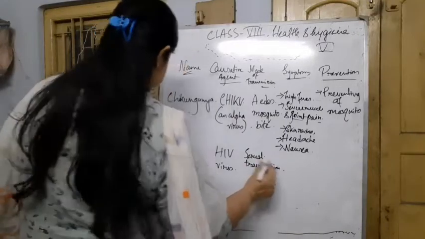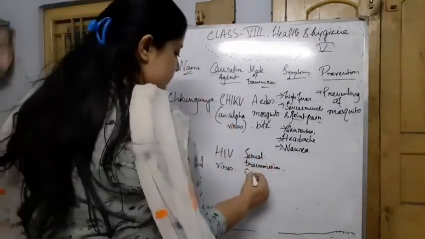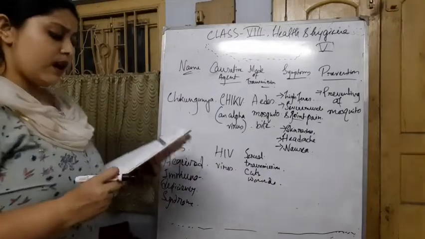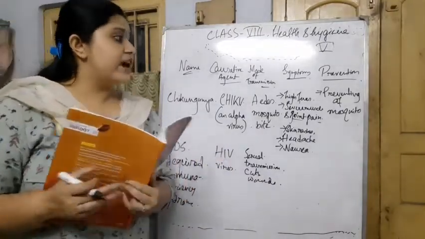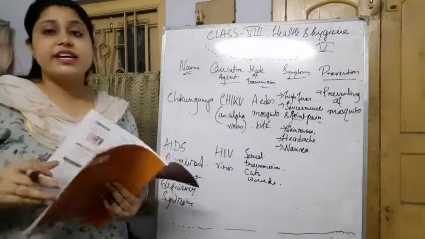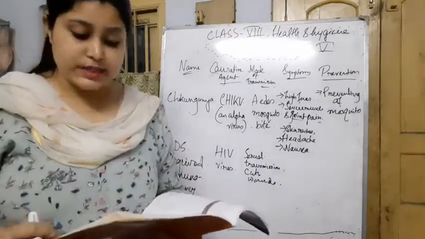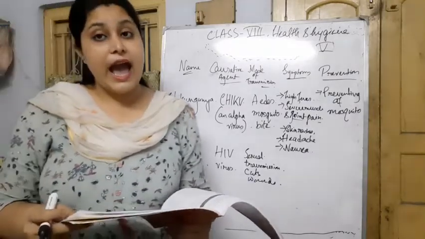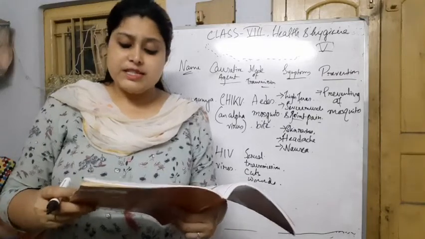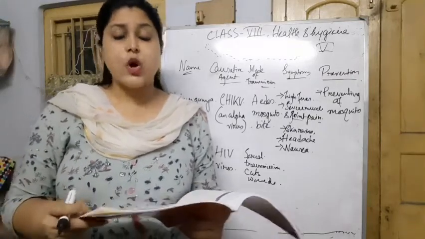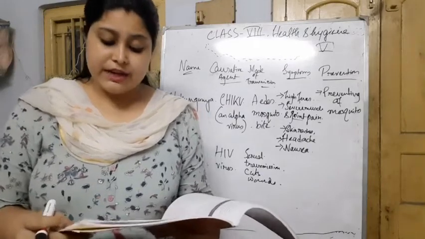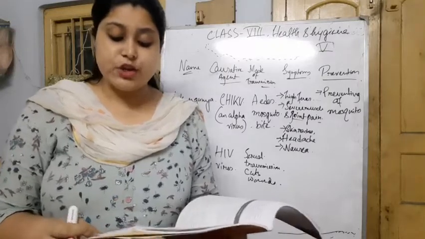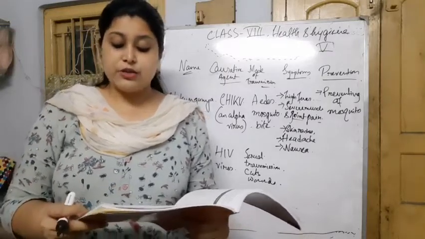And also by cuts, wounds, etc. The HIV virus directly affects the immune system of humans, causing breakdown of the immune system, severe weight loss, fatigue and tiredness, persistent dry cough, oral rash and shortness of breath, headache, viral disturbances, gastric problems like irregular diarrhea, lung disease like pneumonia, and damage to the brain leading to memory loss.